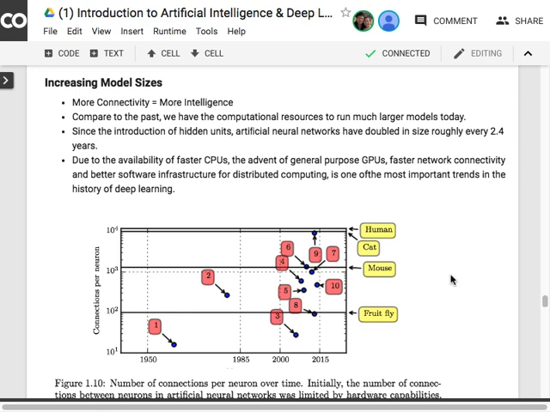Right now, the number 9 algorithm here is at cat intelligence. This is on a logarithmic scale, so the cat is very similar to the human in terms of logarithm.